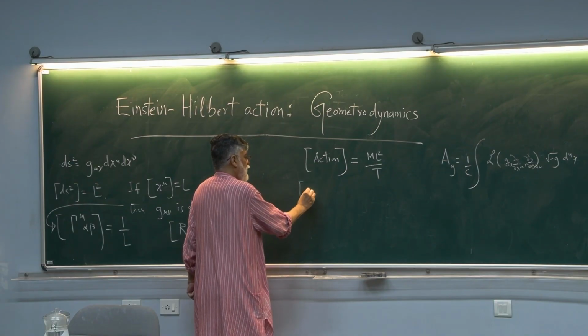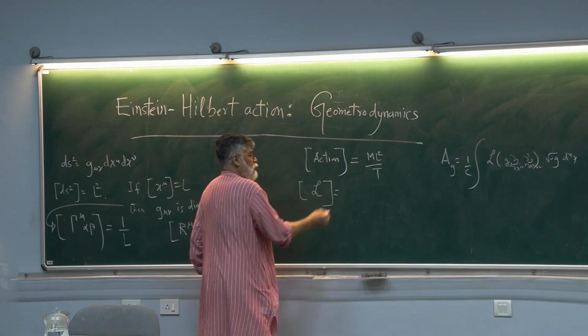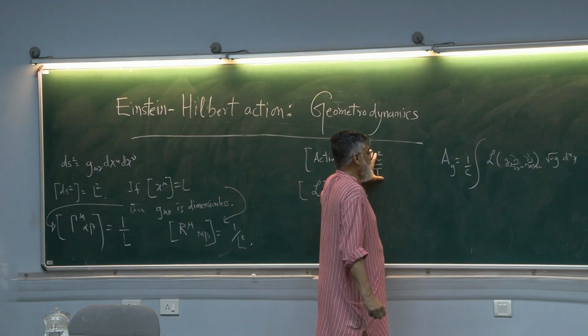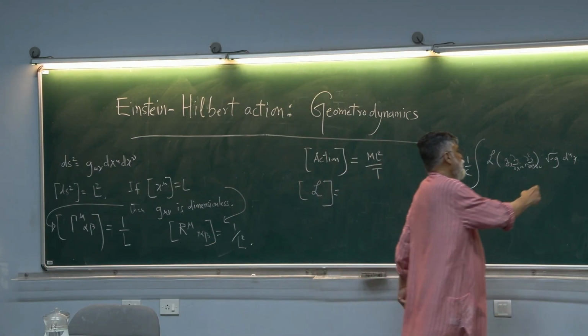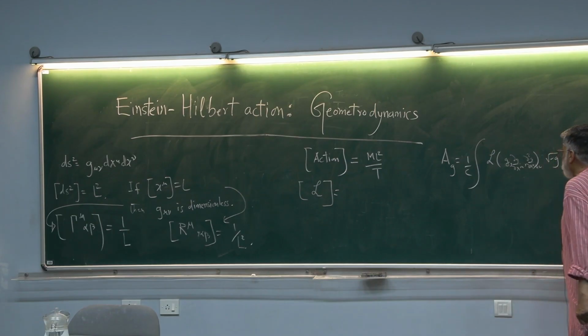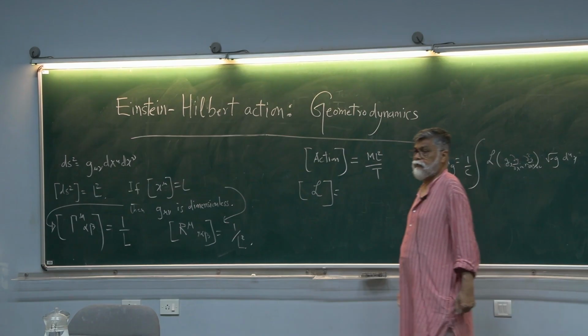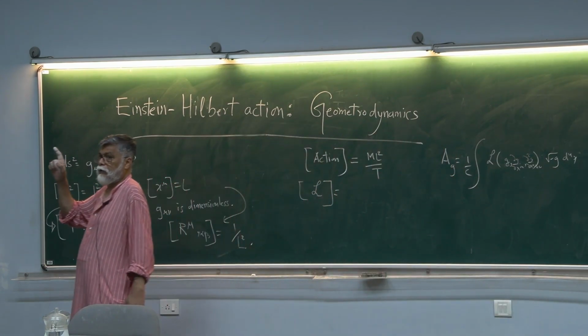Now the dimension of Lagrangian density. If action's dimension is m L square by t, what is the dimension of Lagrangian density? Remember, d^4x has a dimension of L raised to power 4. L raised to power 4 divided by c, which is L cube into t.